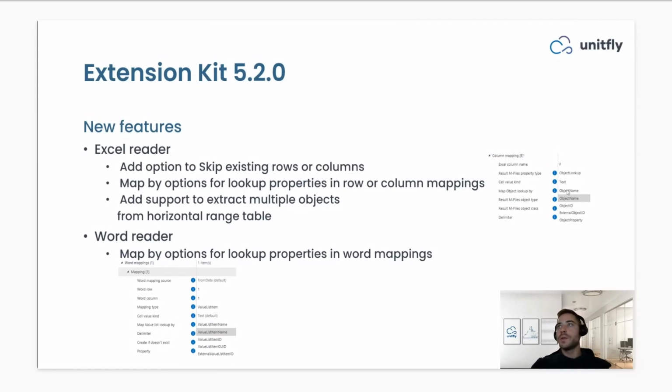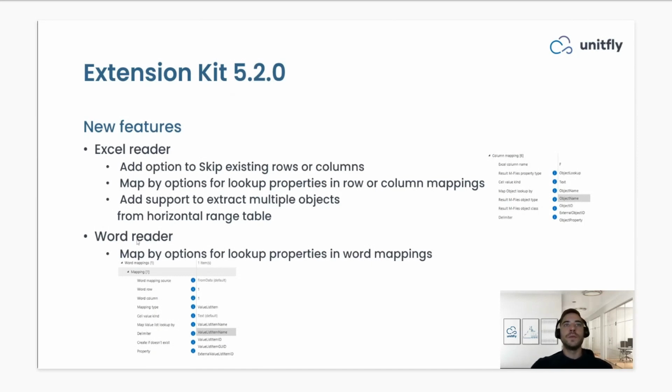And value list lookups can be mapped based on value list item name or item ID or external ID. And we also added support to extract multiple objects from a horizontal arranged table.